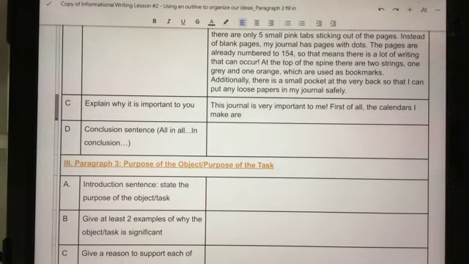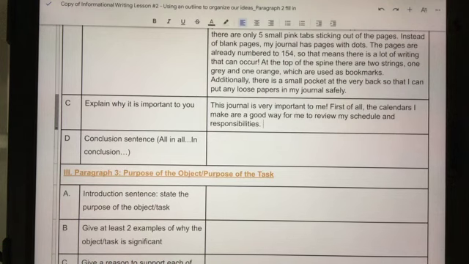The calendars I make are a good way for me to review my schedule and responsibilities. Period.